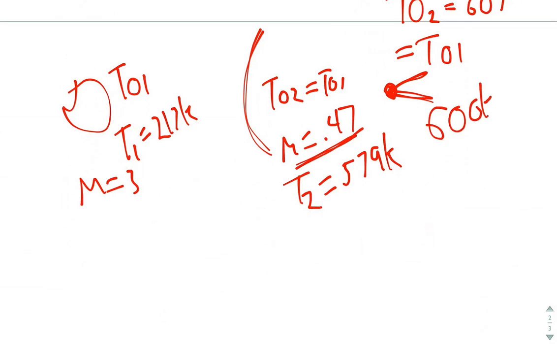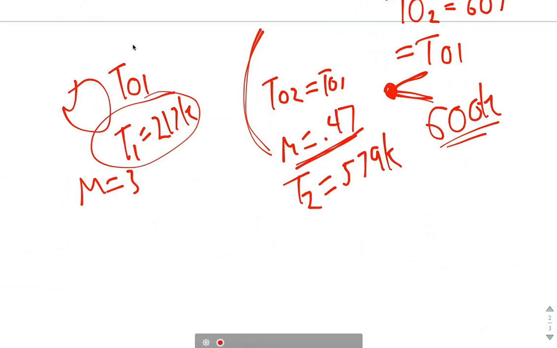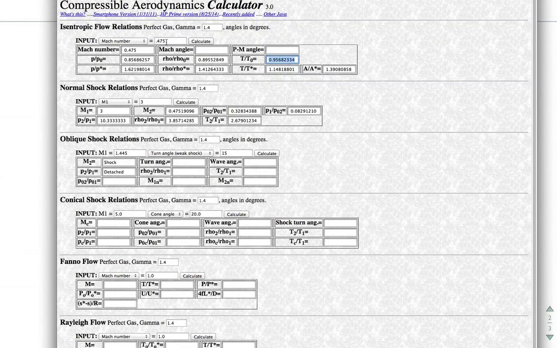And as we discussed, this heating, the thermal heating or aerodynamic heating, is really critical. And if you increase the Mach number, you see it's even more significant. If we start with the same atmospheric temperature of 217 K, and we increase the Mach number to, say, 5, you see the temperature ratio is 0.1666.